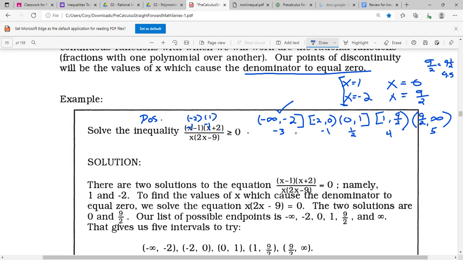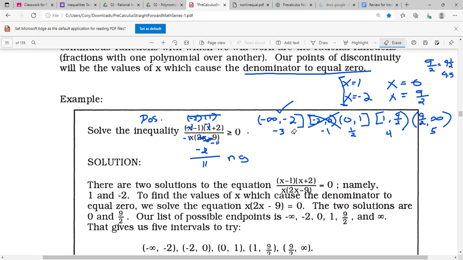So the whole top is -2. Okay, and the bottom: -1 times 2 would be -2, and -2 minus 9 would be -11 times -1 would be +11. So this whole thing is negative, and we're looking for positive numbers only, so that one does not work.